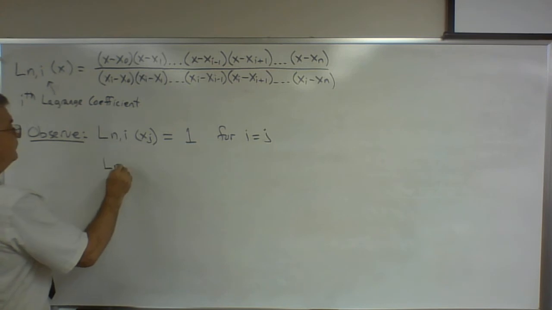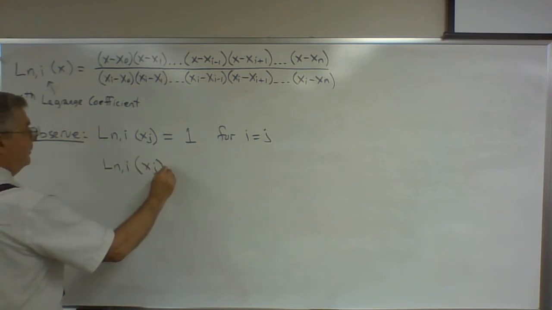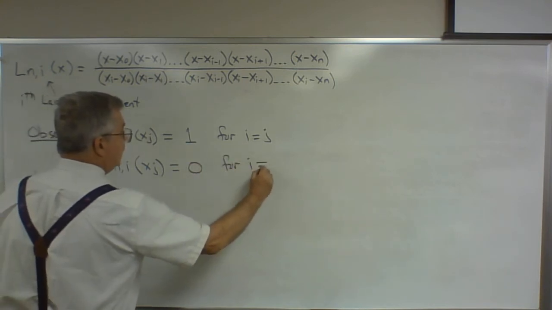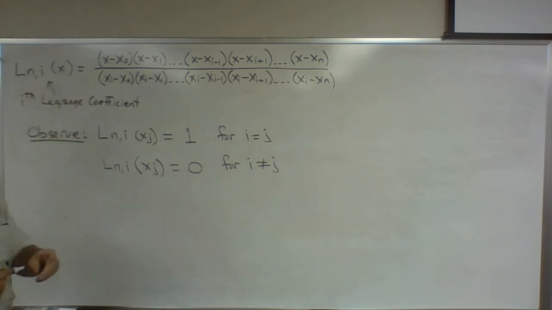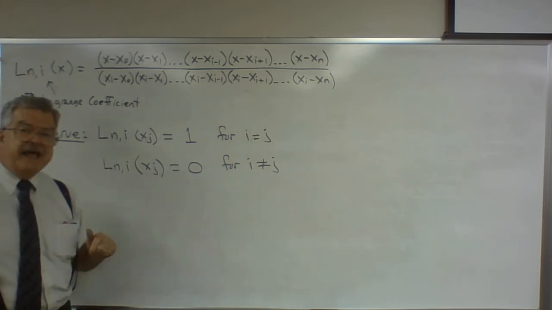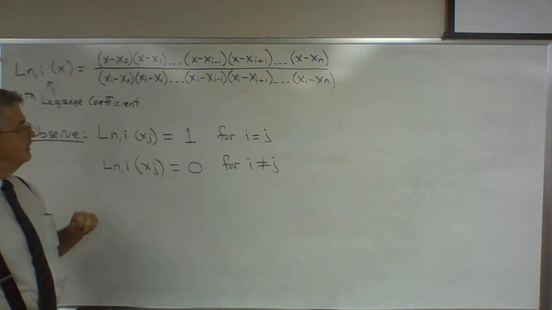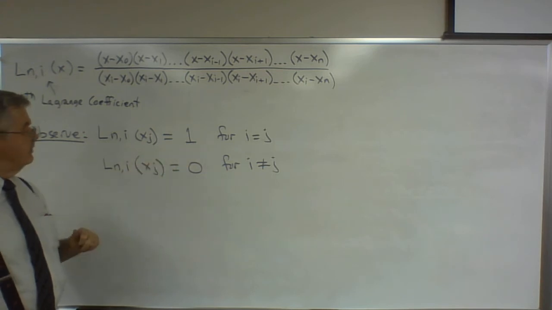But if i and j are different, we get 0. So if we take the x-coordinate of a data point and plug it into a Lagrange coefficient, and these subscripts match, we get 1.